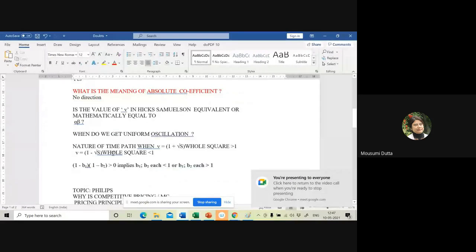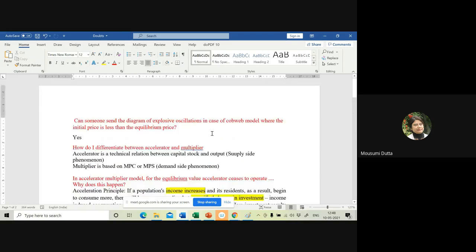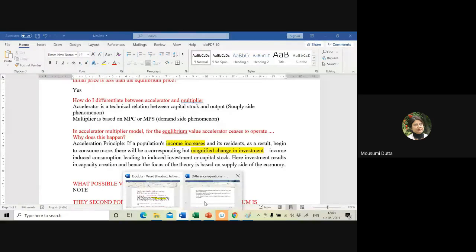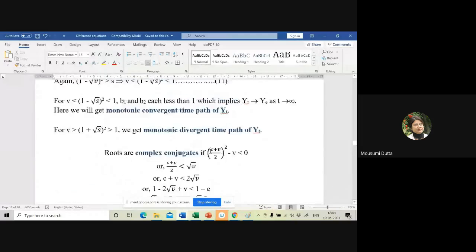I already answered this question. When do we get uniform oscillation? Nature of the time path when V is equal to 1 plus root is whole square greater than 1. Let's look at the things we did in the class. I think you will be able to give me a better idea of what you actually want to know.